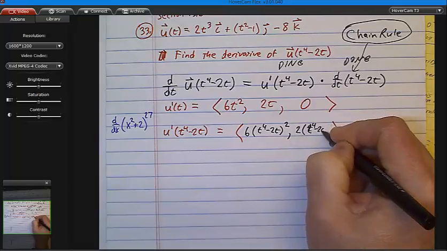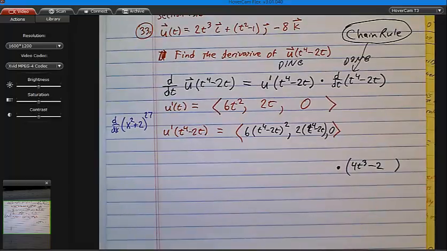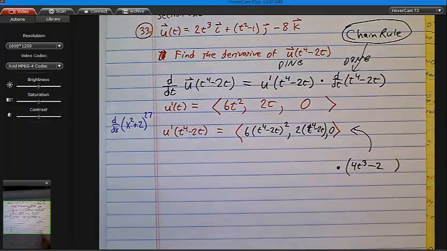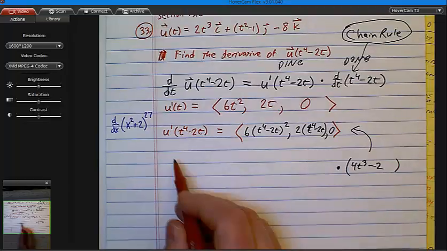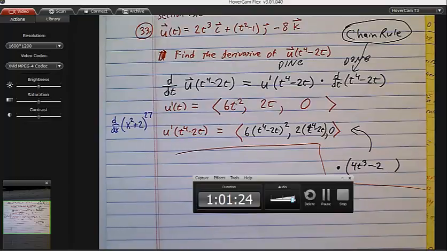T to the 4th minus 2t, and then 0. And so then, I guess what I need to do is just multiply that by this. Yeah? And I guess the question is, do you need me to do any more, or is that good enough? It's good enough for me.